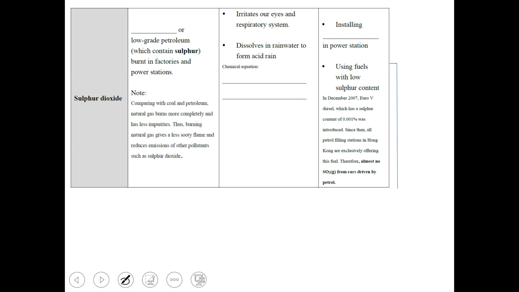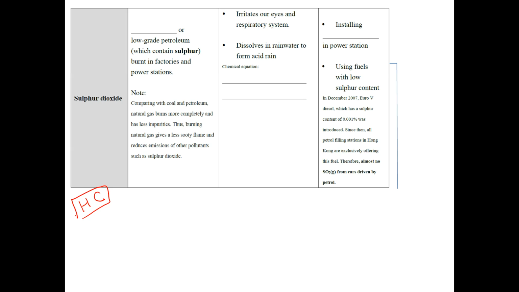The last air pollutant is sulfur dioxide. Think about hydrocarbon inside fossil fuel. How come there's sulfur dioxide? Do you think sulfur dioxide is formed just like nitrogen oxides from something in the air? Now this is not the truth.